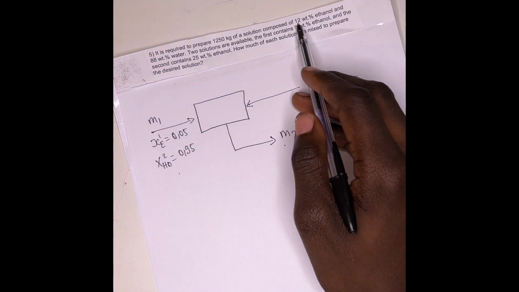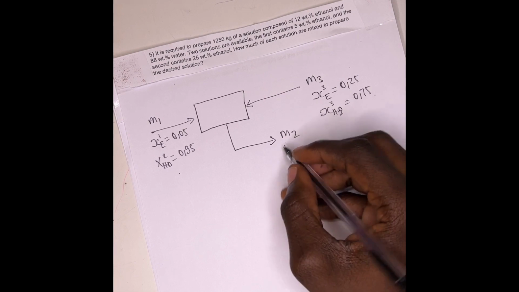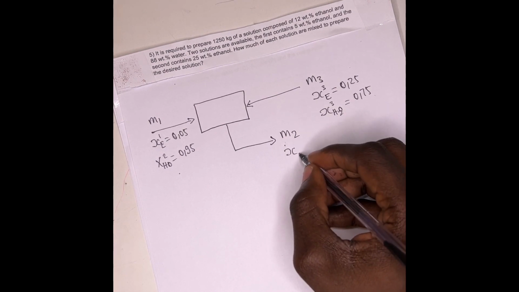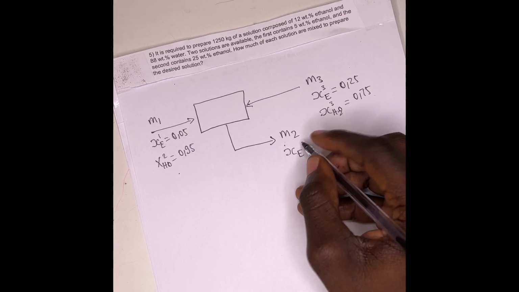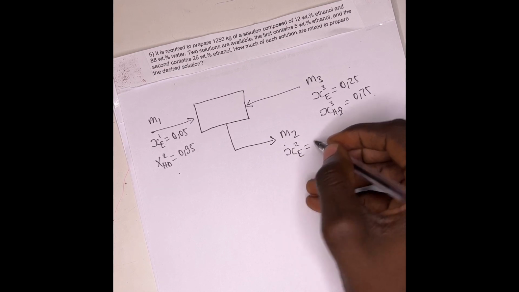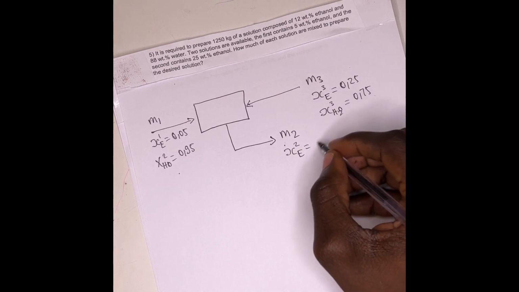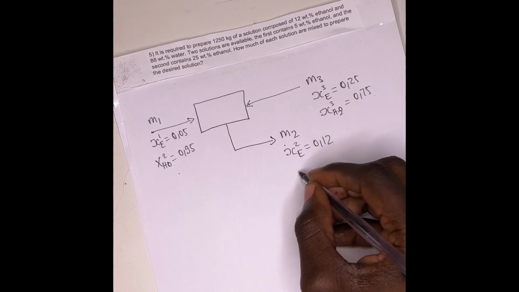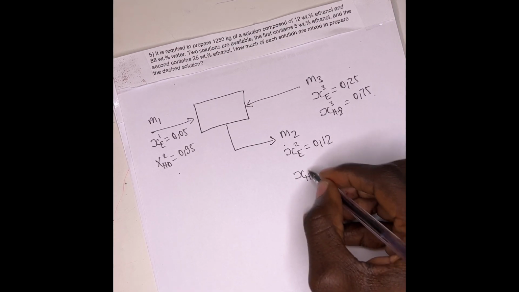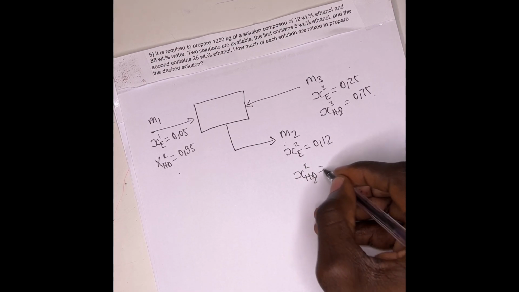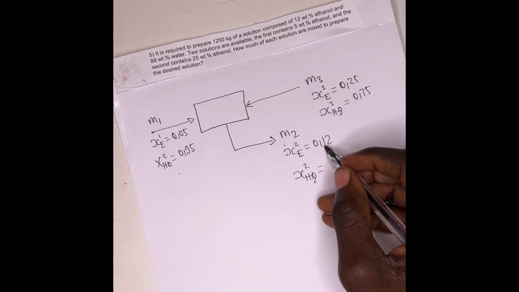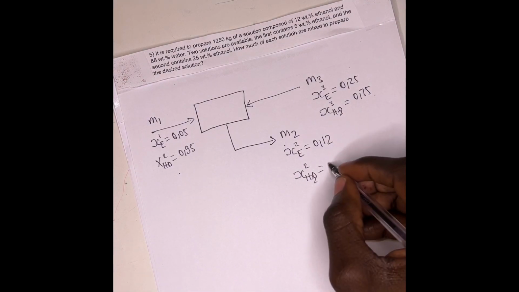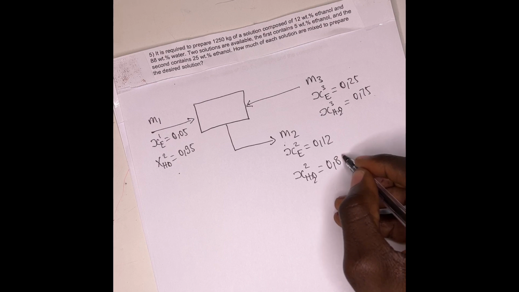They say that the solution contains 12%. So we have X of ethanol of stream 2, and 12% is 0.12, and then the rest is water. So of stream 2, it's going to be 88% in terms of percentage, which is 0.88 of water.